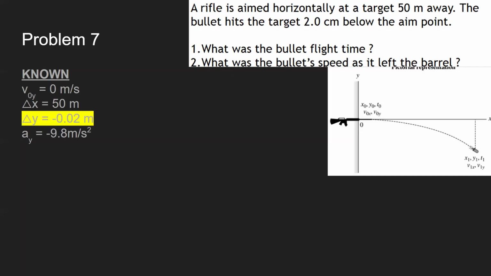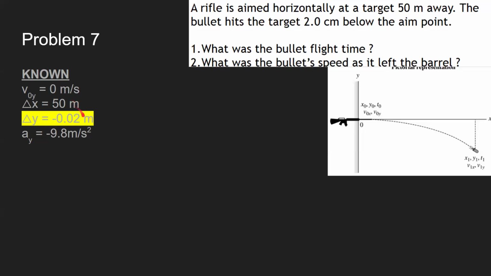I highlighted that because you have to be careful for two reasons. One, it's negative. You have to know it's negative because it goes down. And the other thing is that we had centimeters here. You have to convert that to meters. Why? Because we have meters here, that's the real reason.